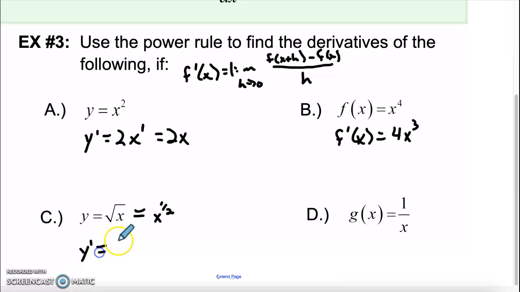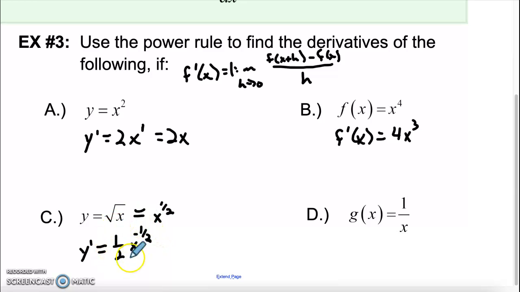I can bring my exponent out front and then subtract 1 from the exponent. So 1/2 minus 1 would be negative 1/2. So the derivative of the square root of x would be 1/2 x to the negative 1/2.